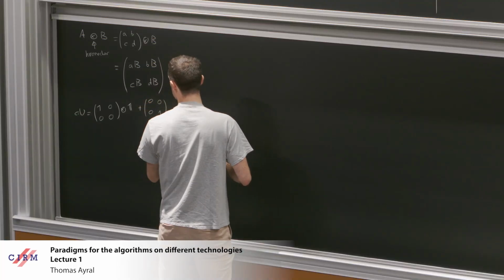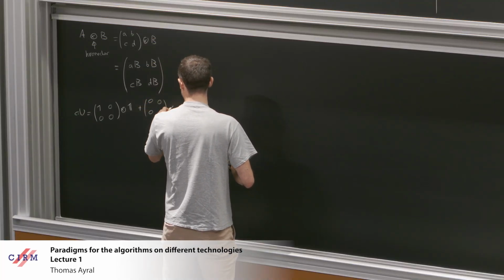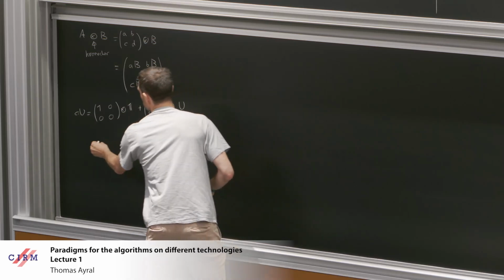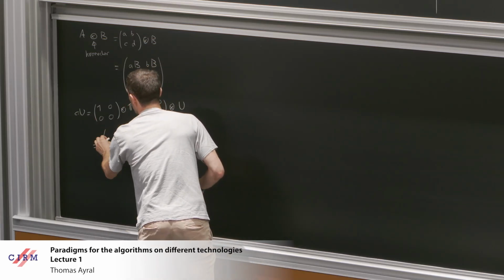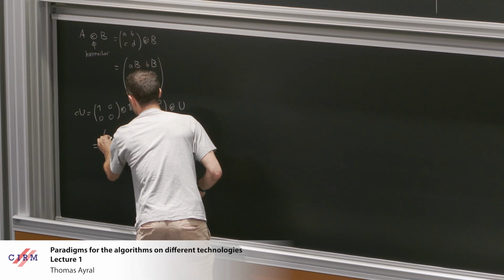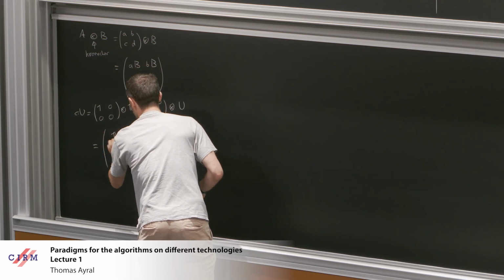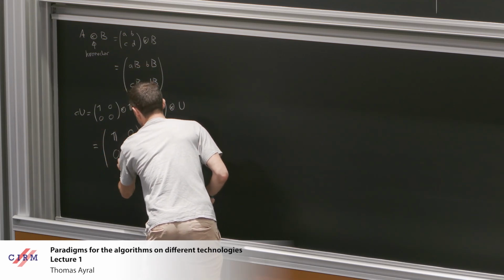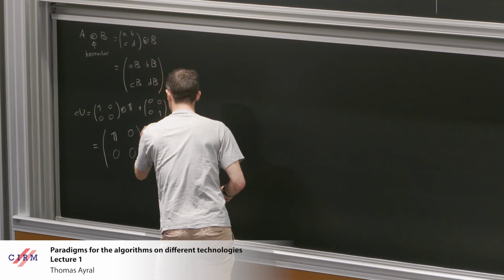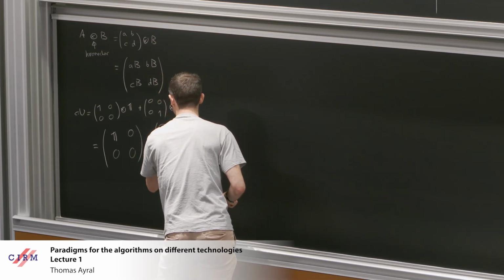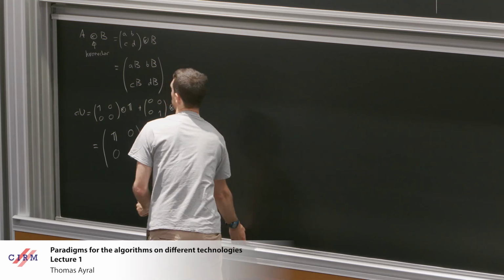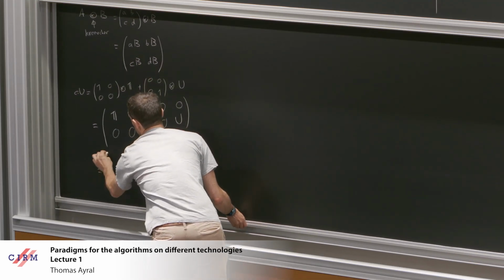I will get 0, 0, 0, 1 cross U. So let's see if it works if I use my notation here. So 1, 0 times 1 is going to be essentially 1, 0, 0, 0 plus 0, 0, 0 times 1. So big 0, big 0, big 0 times U. And so you see that it works.